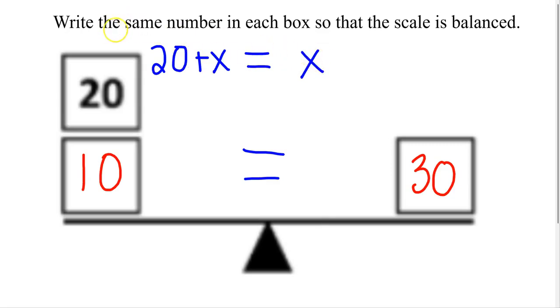The reason why is it has to be the same number in each box. So 20 and 10, if I put 10 on this side, I would also need to have a 10 on the other. Okay, so let's try a different value.